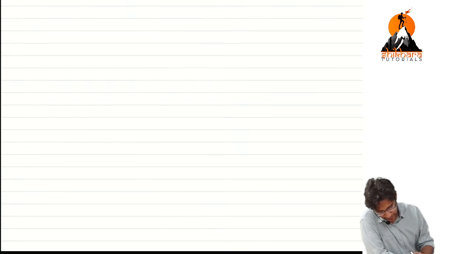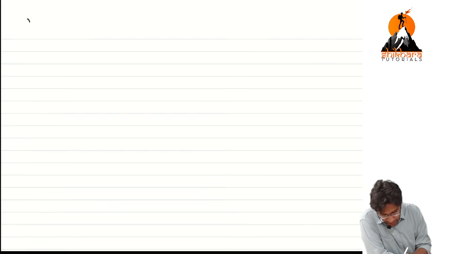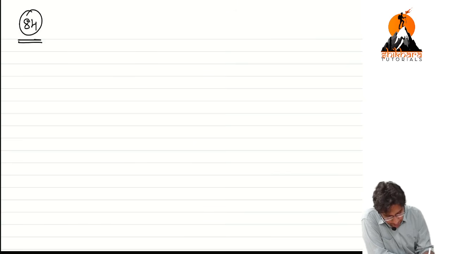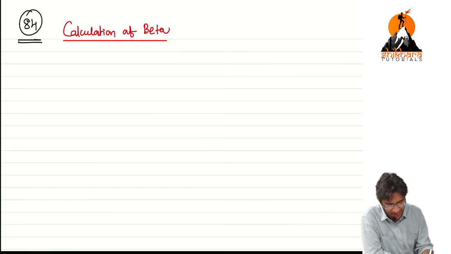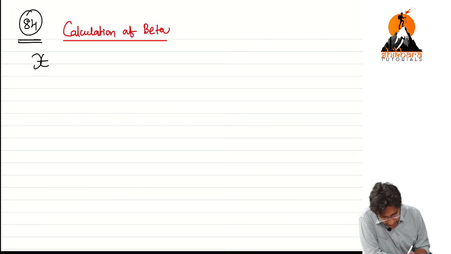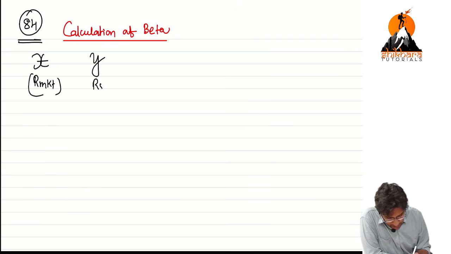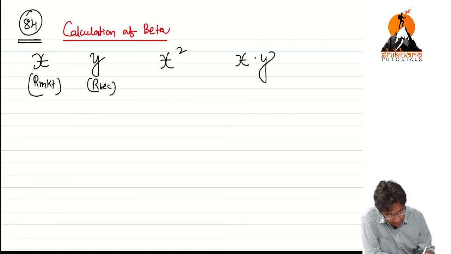84th question. People who are doing very fast, tell me the calculation of beta. So the x column is market return, the y column is security return, then I want x square, I want x into y, or else first x into y, later on x square.